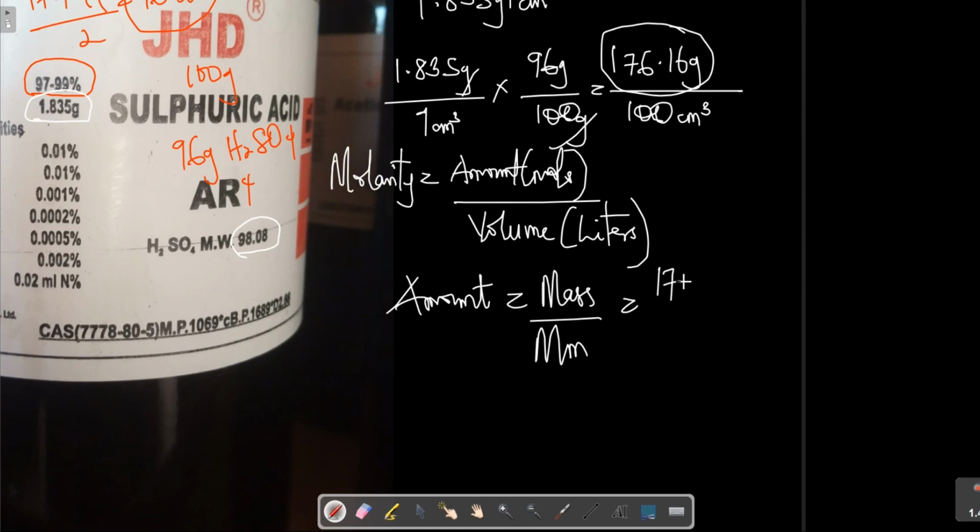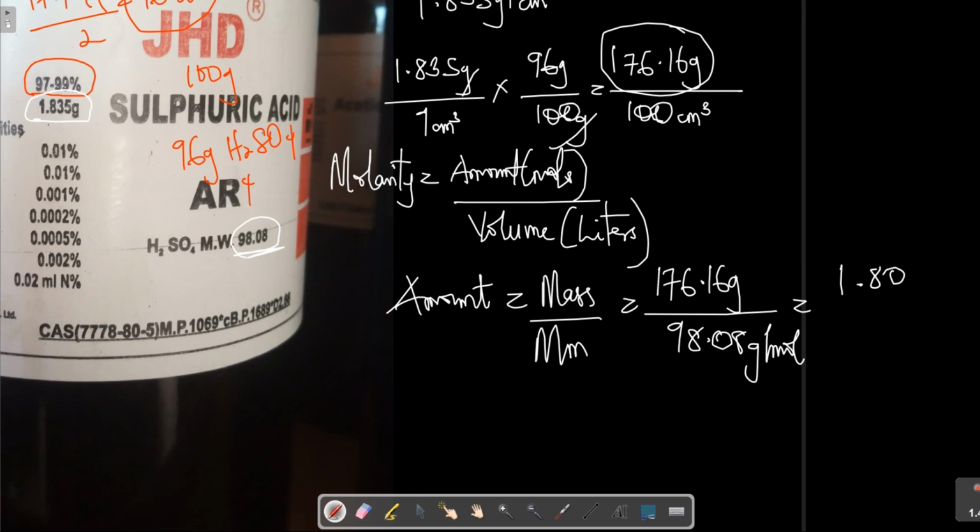Here the mass we have is 176.16 grams over the molar mass, which is 98.08 grams per mole. So once you divide this, you have approximately 1.80.